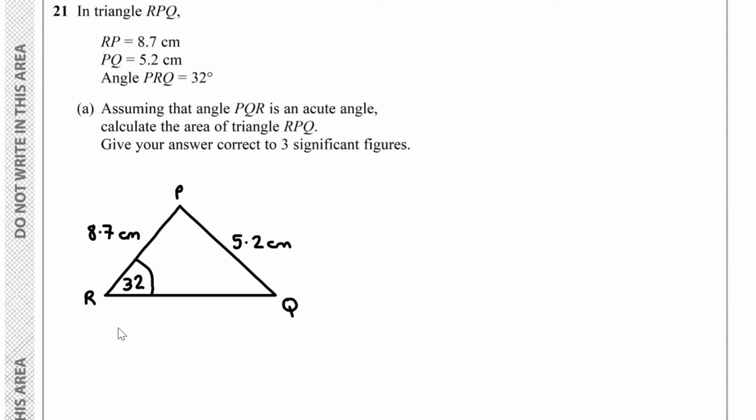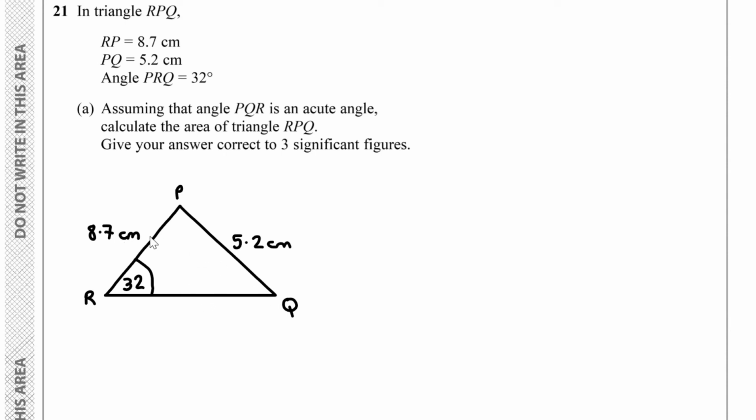For us to find the area of the triangle, we need 2 lengths and an angle in between. So we need to find out the angle P. But the problem is here, we can't find the angle P given this information straight away. However, because we have Q, which is unknown, we can find out what Q is and use the fact that angles in a triangle add up to 180 to find out what P is.